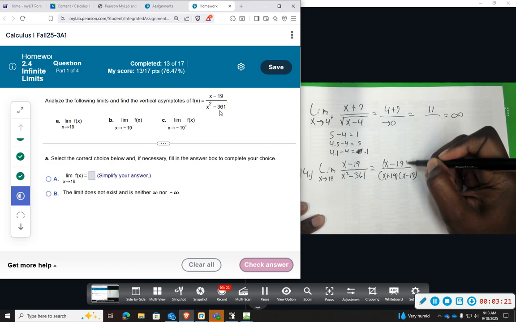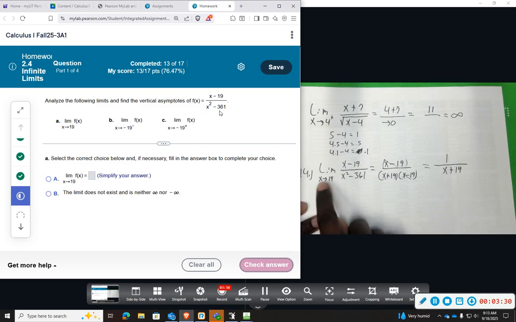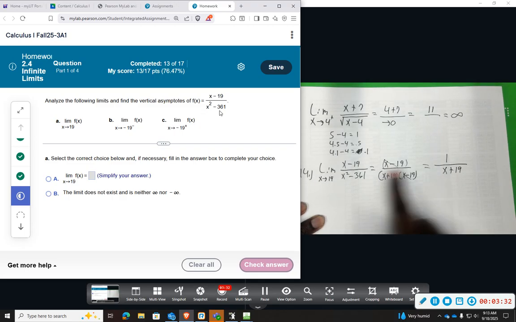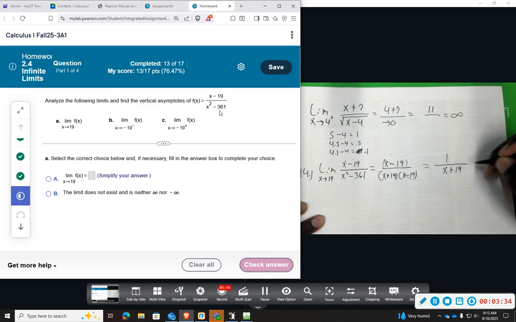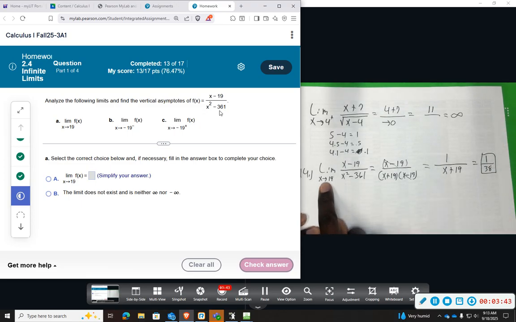Then the x minus 19 will divide out, leaving us with a reduced function of 1 over x plus 19. Now if I use direct substitution, I get 19 plus 19, which gives me a limit of 1 over 38. So the limit as x goes to 19 is 1 over 38.